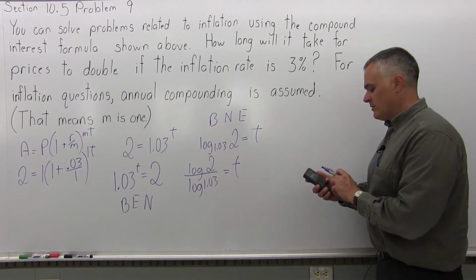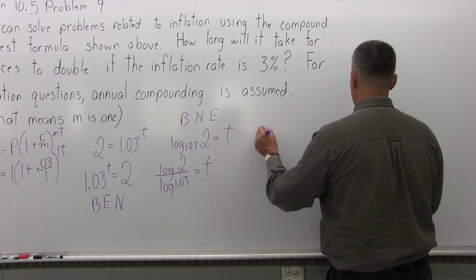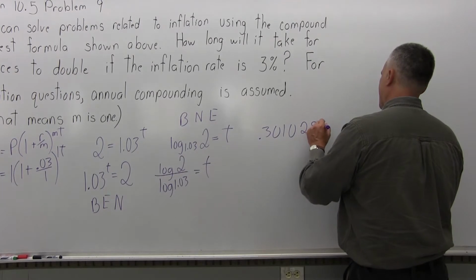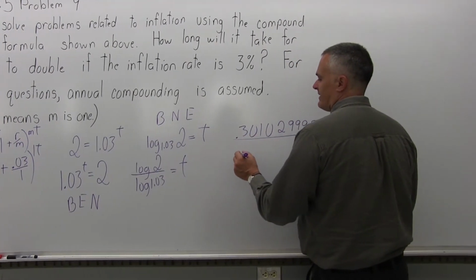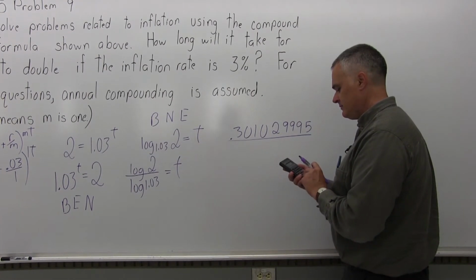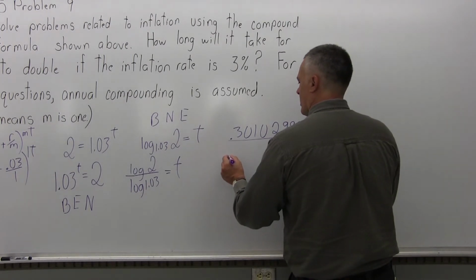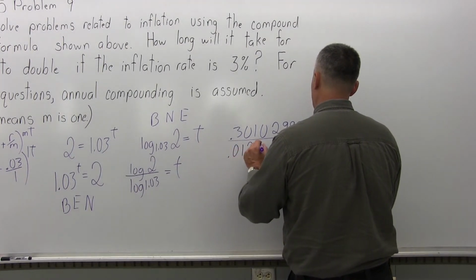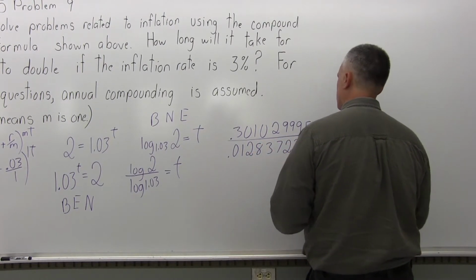So common log of 2 we've done already a few times on the calculator. It is 0.301029995. And I'm going to divide that by common log of 1.03. And the common log of 1.03 is 0.012837224.